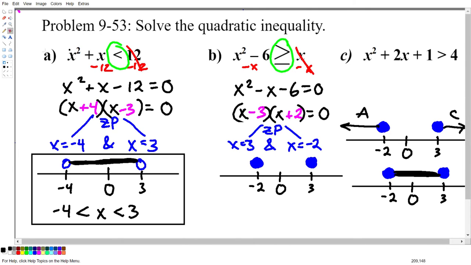For example, in letter A, in the first problem we did, the answer was in region B. But for this problem, let's see where our solutions lie.